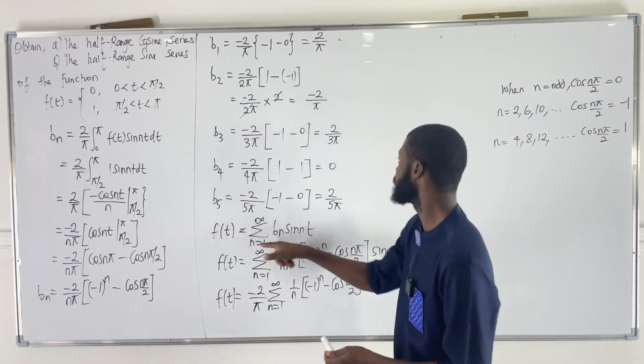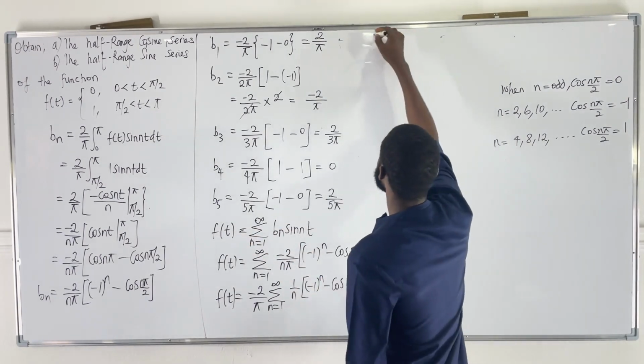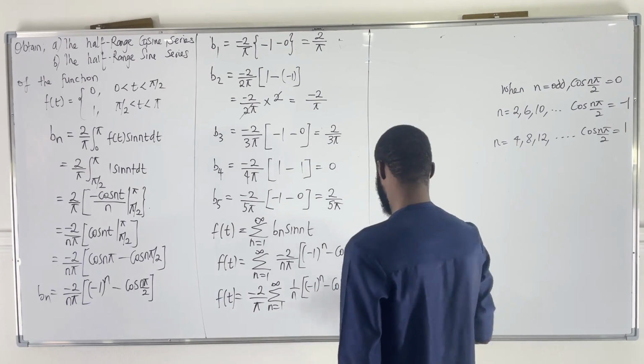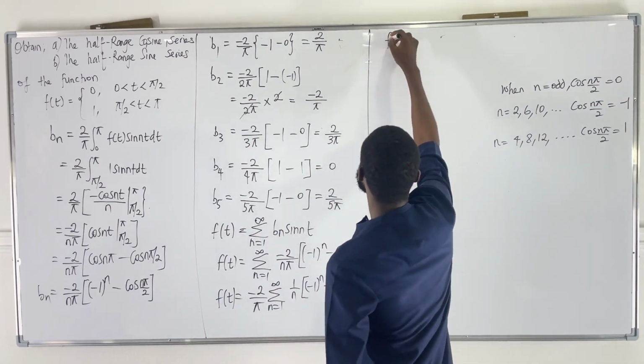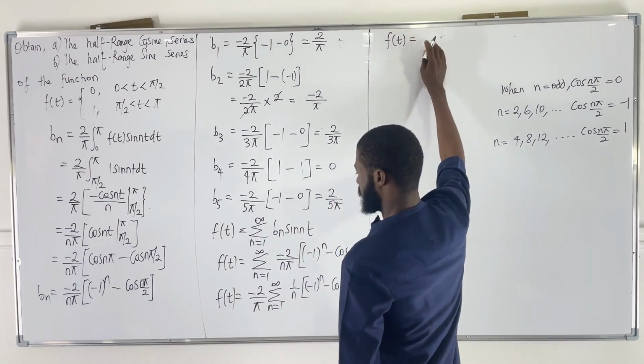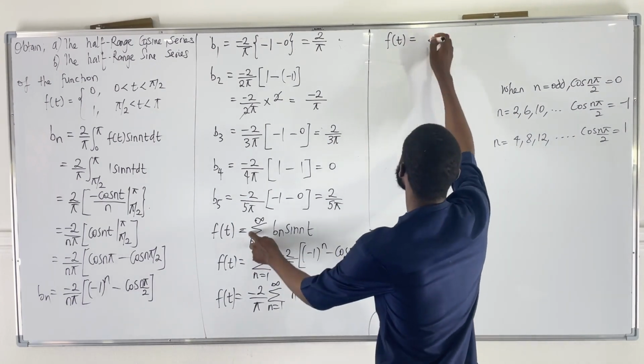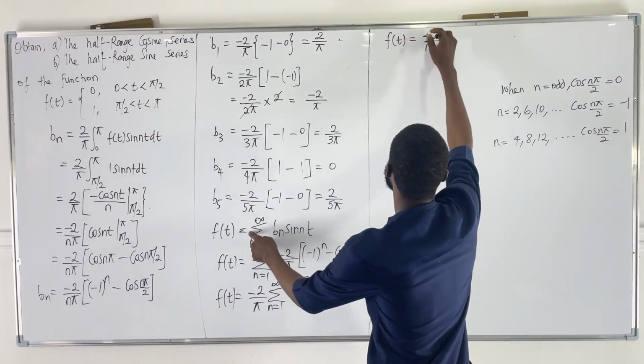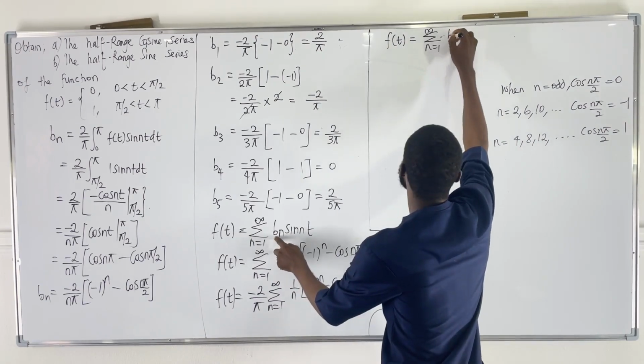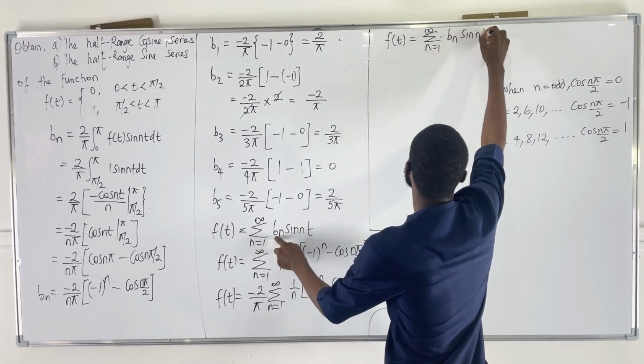So using this expression here, this is f of t equal to the summation from n equal to 1 to infinity of b sub n sine nt.